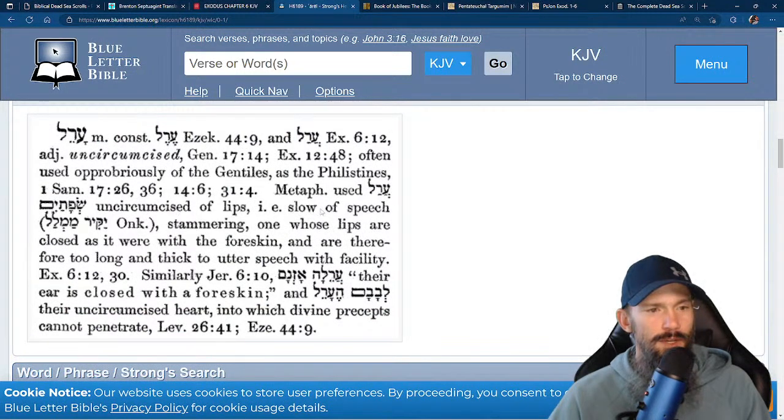Uncircumcised of lips, that is, slow of speech. Metaphor used. So the Septuagint tells you what it means. Stammering, one whose lips are closed as if it were with foreskin, and are therefore too long and thick to utter speech with faculty.